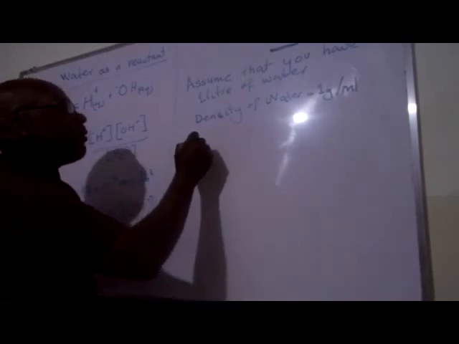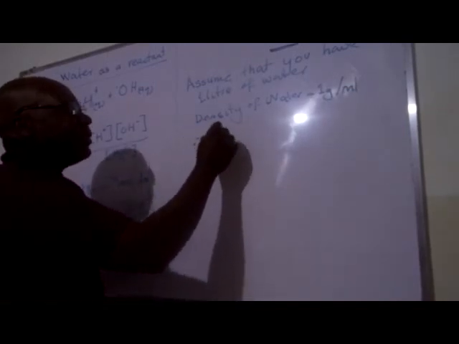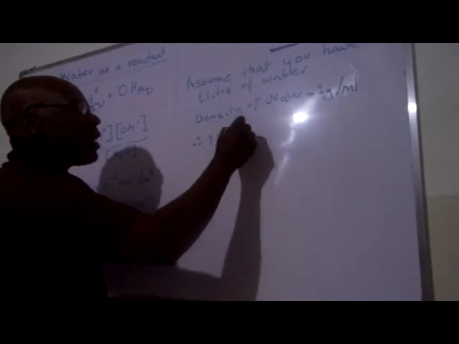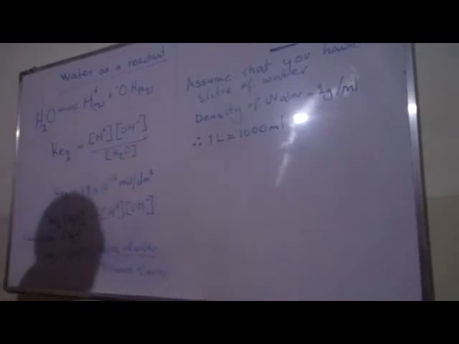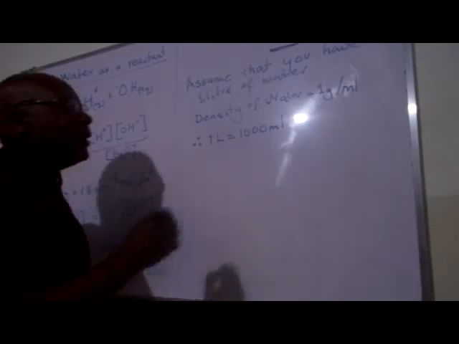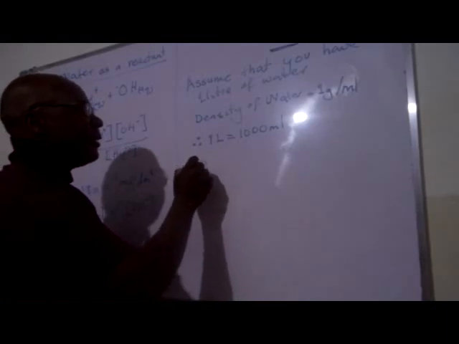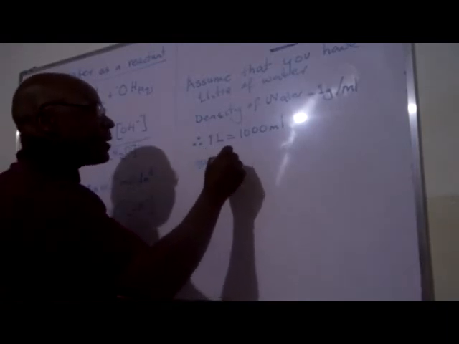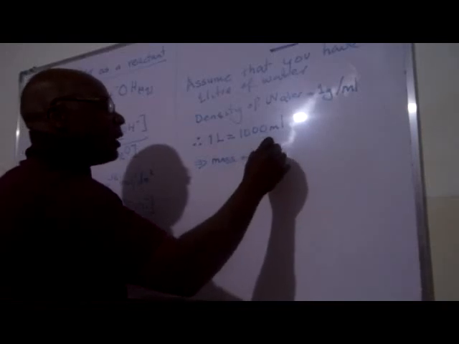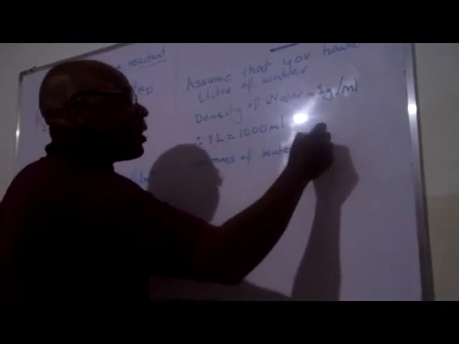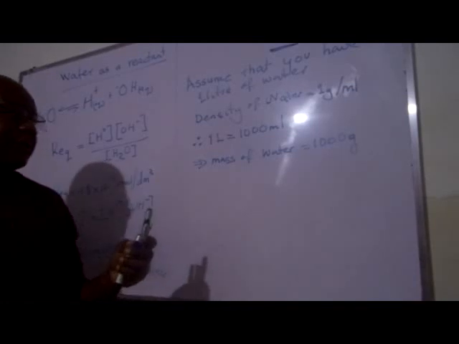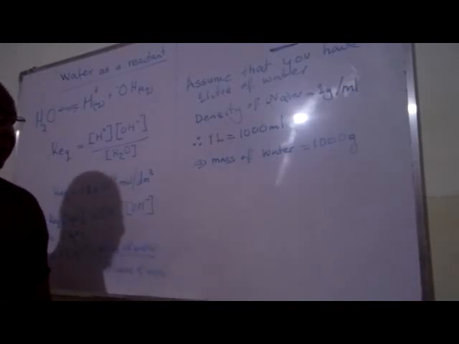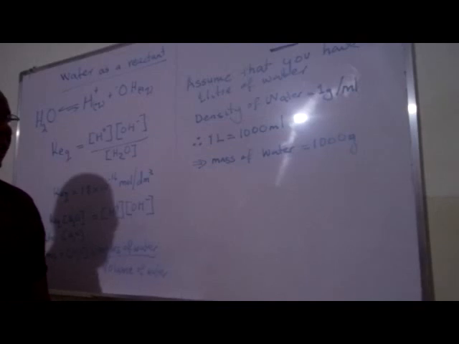Therefore, if we have 1 liter, which is equal to 1,000 mils, then it follows that the mass of water is equal to 1,000 grams.